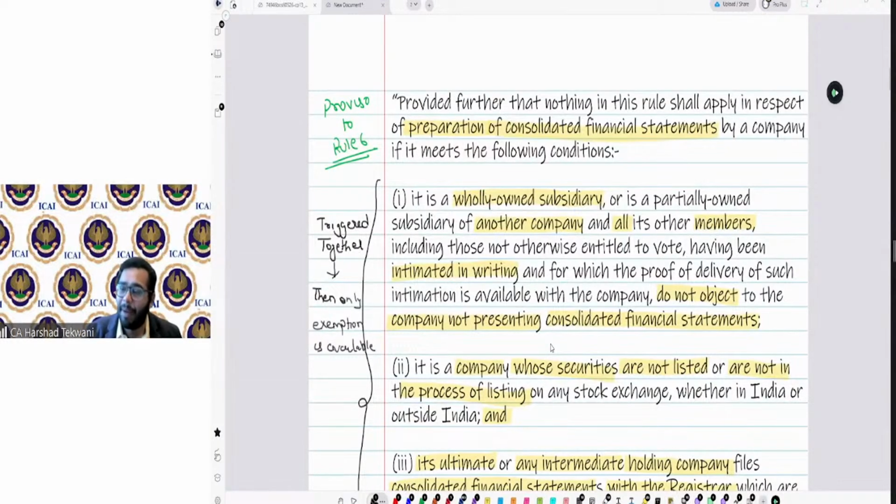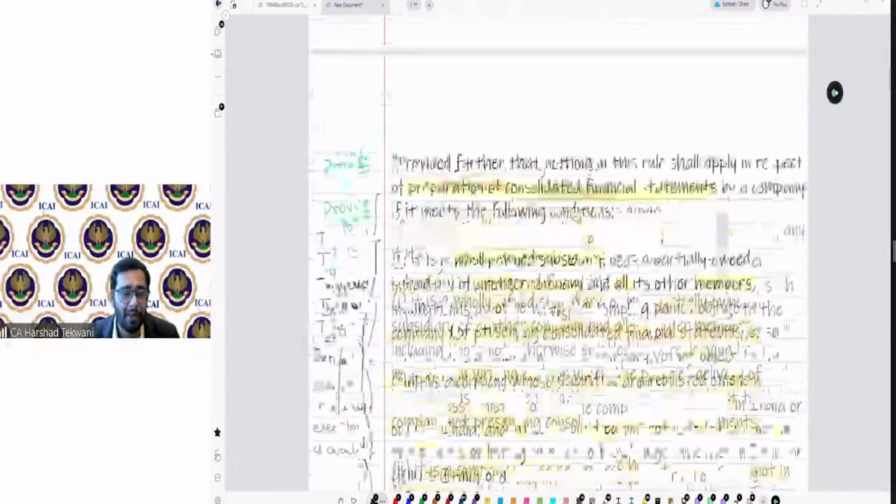If it is a partly owned subsidiary, then the members having minority interest, if they do not object and they are intimated, then it is fine. Yes, even if any two conditions are met, the exemption cannot be obtained unless all the three conditions are met.